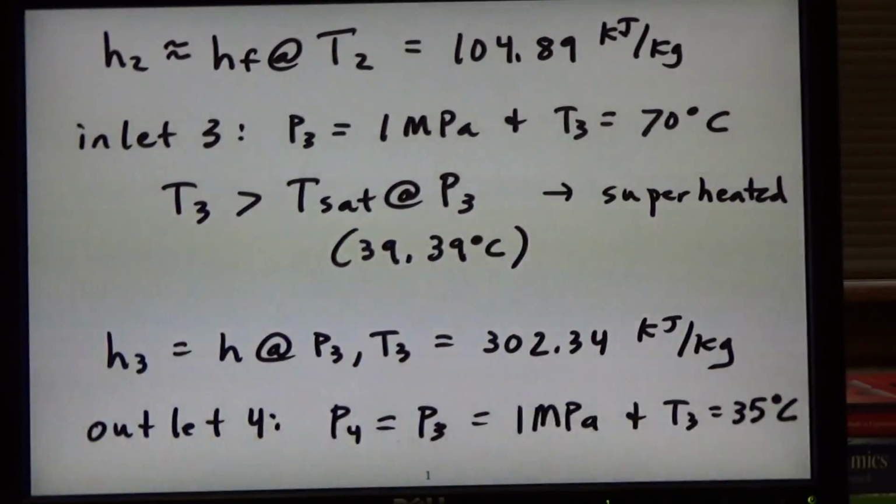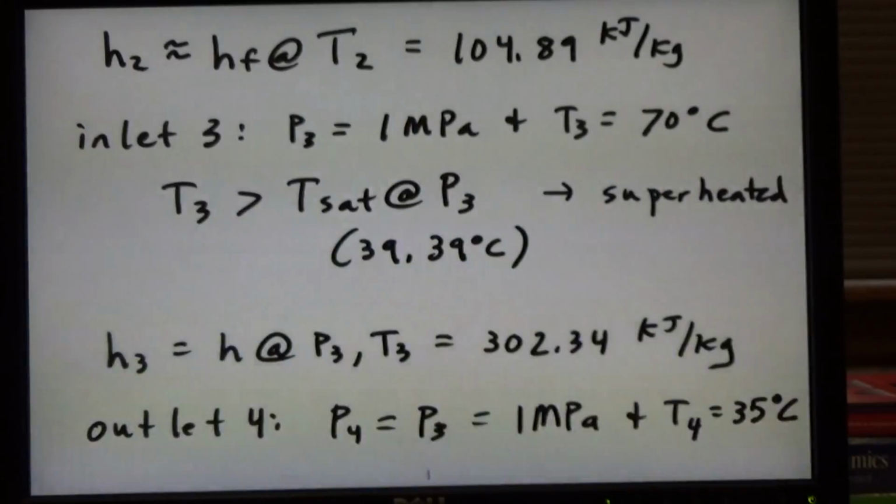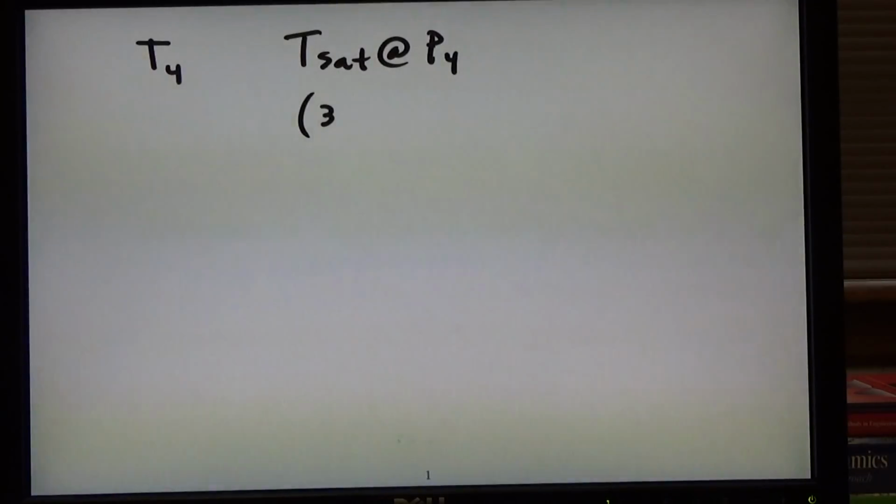Let's go ahead and check it. I put T3 here, this is actually T4. So we're comparing T4 to the saturation temperature at P4 for refrigerant. P4 is the same as P3, so they should have the same saturation temperature, 39.39 degrees C.